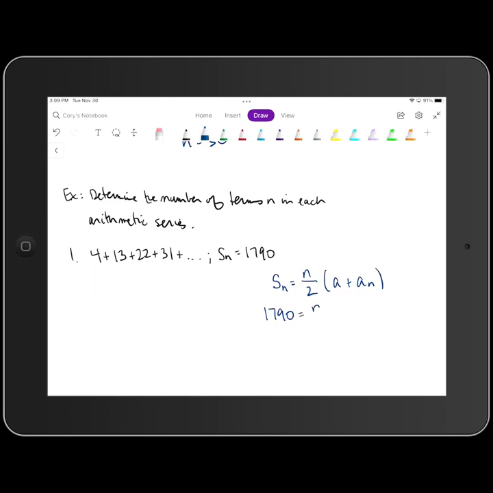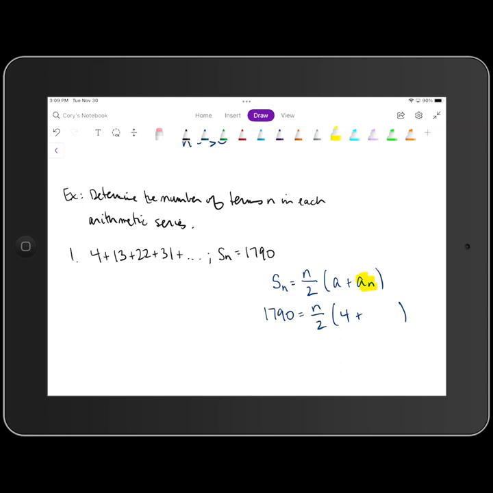We don't know what n is, so we're solving for n in this problem. We know the first term a is going to be 4. So if we're going to solve for n, the piece of information that we are missing is the value of a sub n.